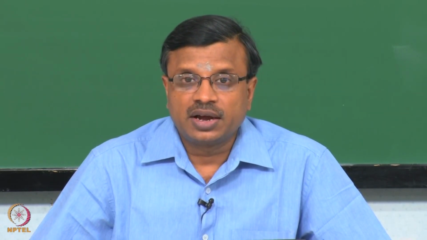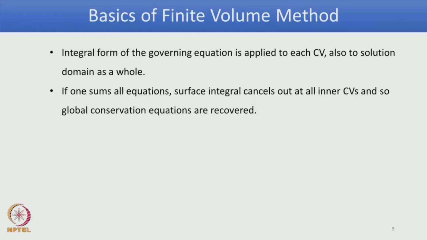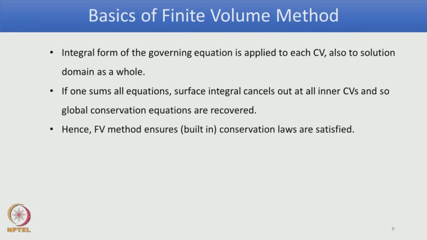If you extend this explanation to all the control volumes together in a domain, then you can understand the surface integrals cancel out. Hence, the conservation equation on a global basis is also satisfied. So, the finite volume method ensures conservation definitely.